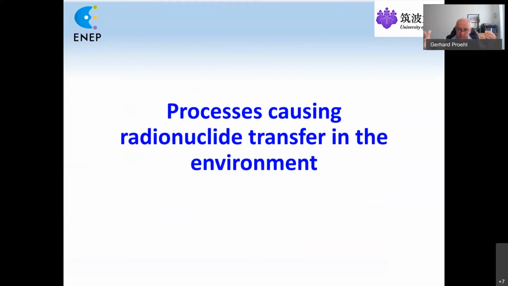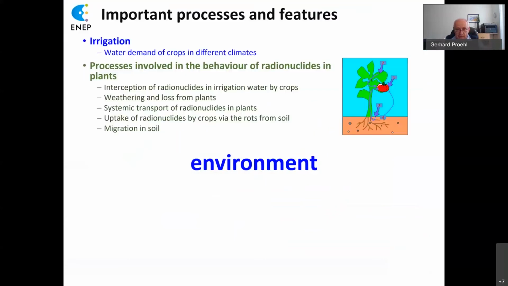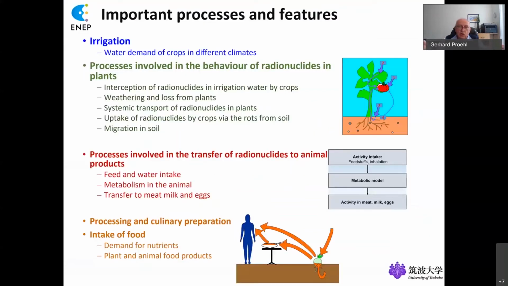So, first of all, let's talk about the processes causing radionuclide transfer in the environment from the current point of view. Some of these processes were already discussed in the presentation I have given in Tsukuba in February. So let's look for the important processes and features.